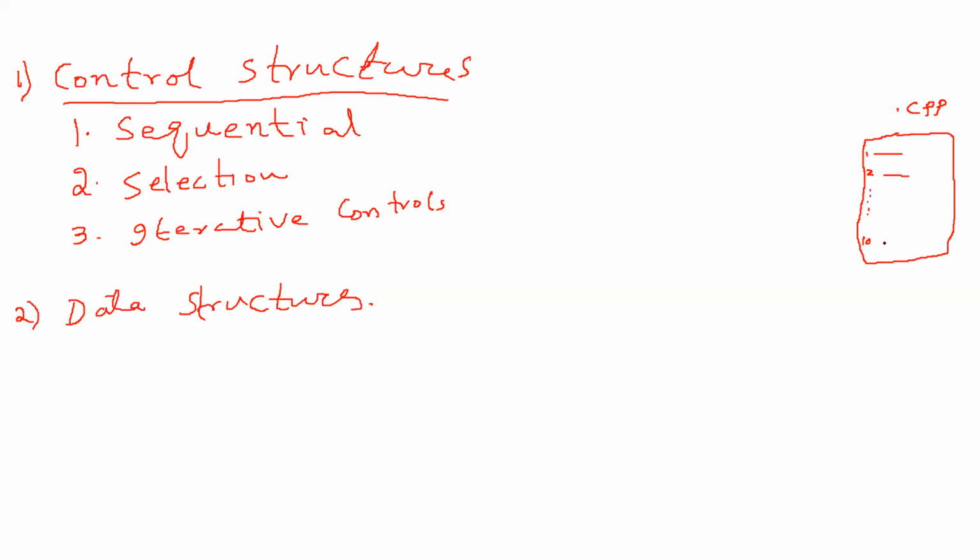Suppose I have 10 lines here. So 10 lines means 10 instructions. If I translate the file and this entire translation is transformed into the exe file, these are the instructions in the exe file.